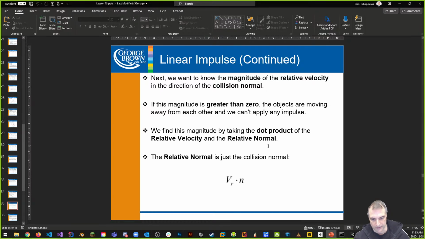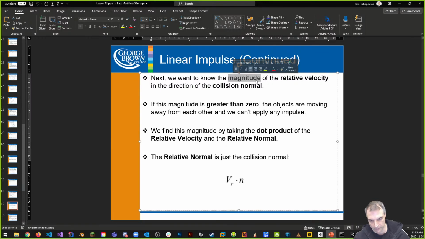We find the magnitude by taking the dot product. So this magnitude that we're talking about is a different magnitude than the length of the vector. We're not looking at that, okay? We're calling it magnitude, but really what it is is the dot product of the relative velocity and the relative normal.